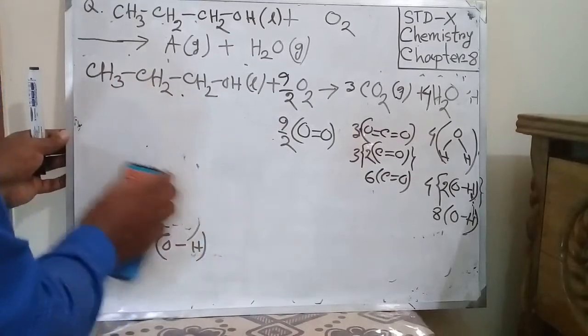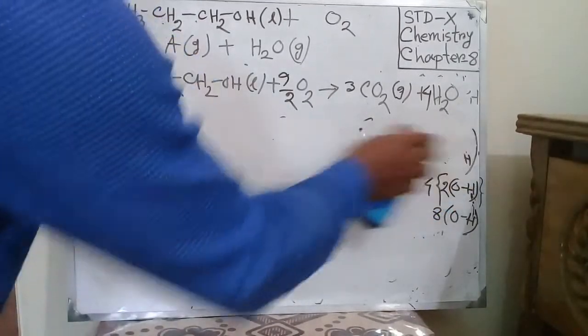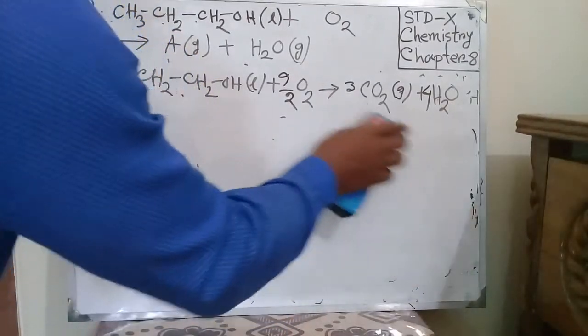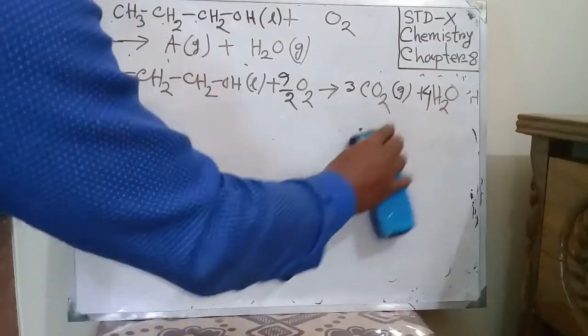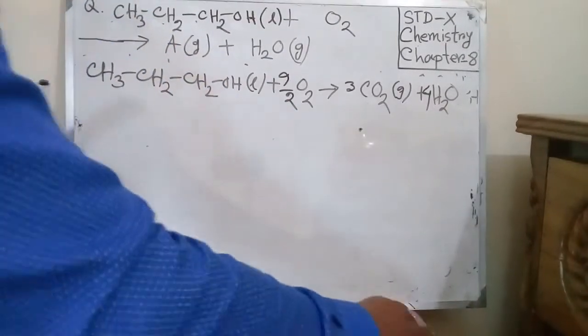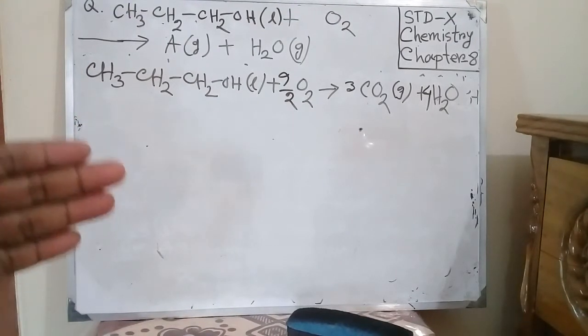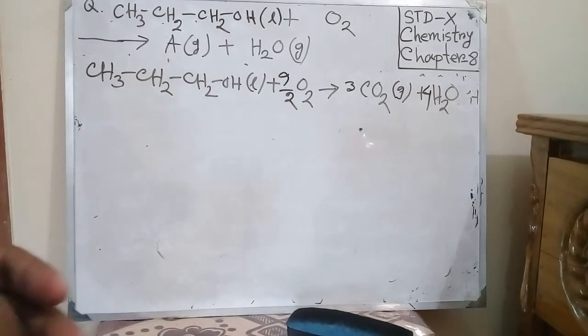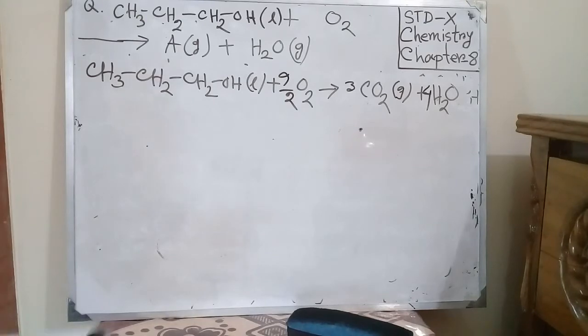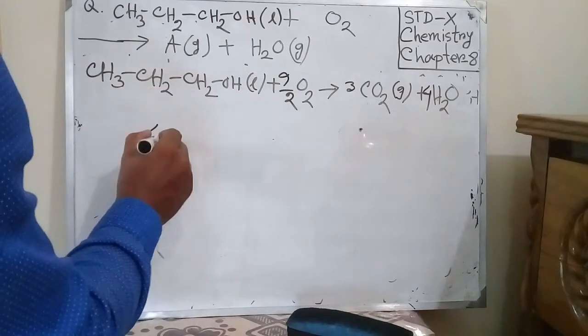So now we'll write del H. Whether it's exothermic or endothermic, we need to find out the value of del H. If del H is negative, then it's exothermic, and if it's positive, then it is endothermic.